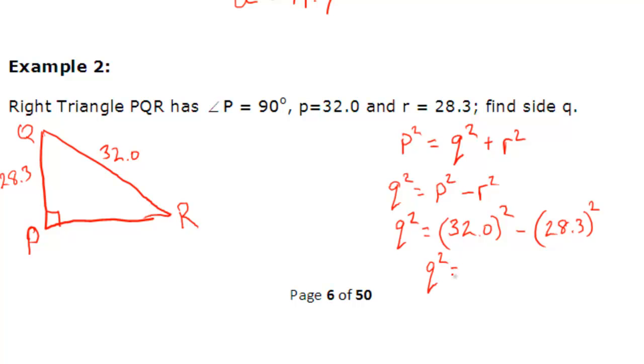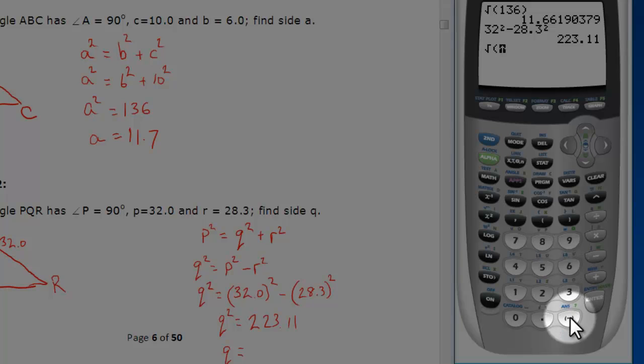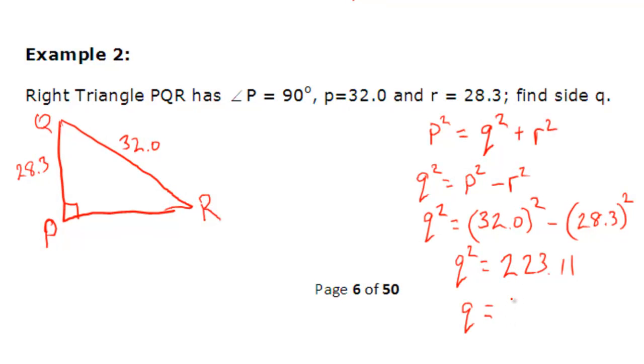And that gives us q squared is equal to 32 squared minus 28.3 squared, enter, 223.11. Take the square root then, and we find that q is the square root of the answer, which is 14.9 to one decimal place.